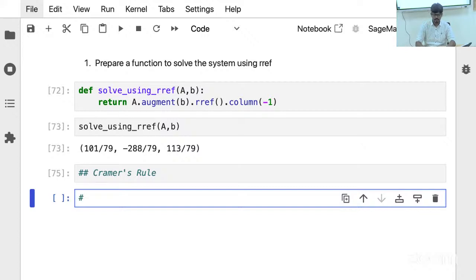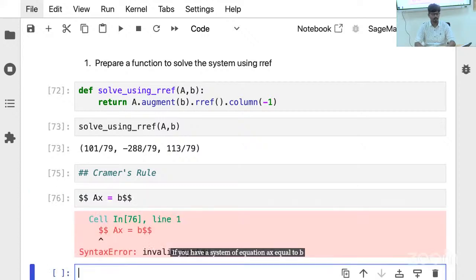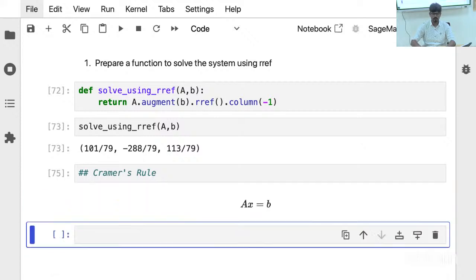If we have a system of equations AX equal to B, then I can solve the system using Cramer's rule if and only if the determinant of A is non-zero.